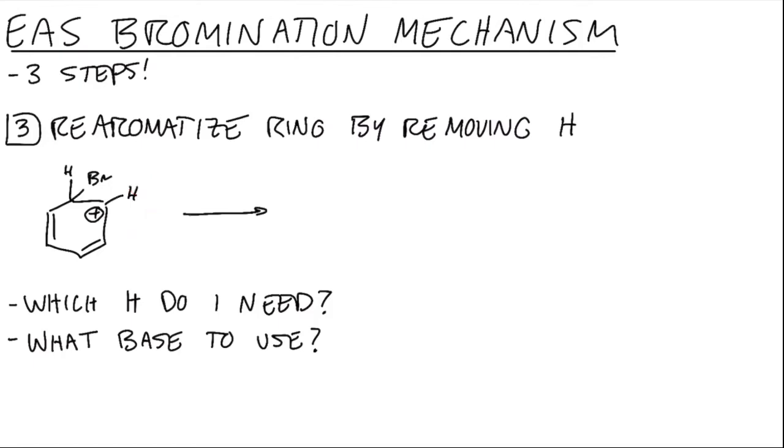If you think about this kind of like an E1 mechanism for this specific third step, we always needed to first form a carbocation, and then once we formed that carbocation, we had to look for our beta positions that had available hydrogens to them. So that's what we need to do here. We need to look at our beta positions. So this is kind of like an E1 style mechanism.